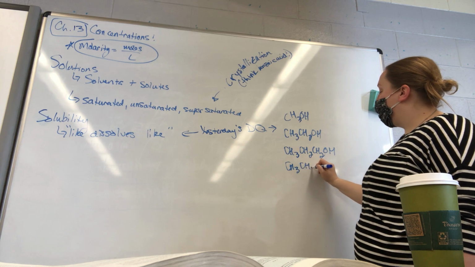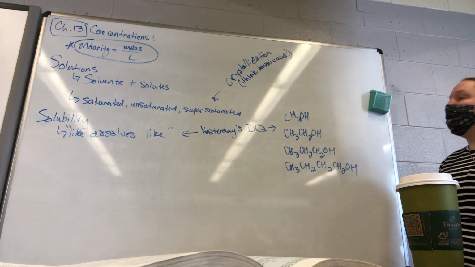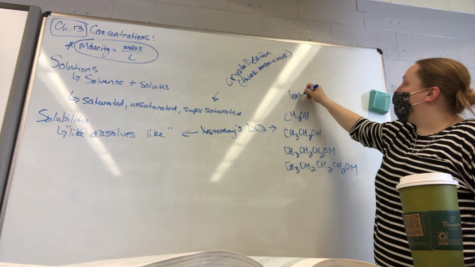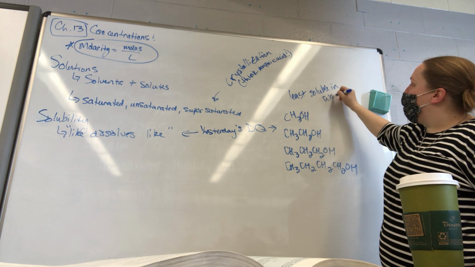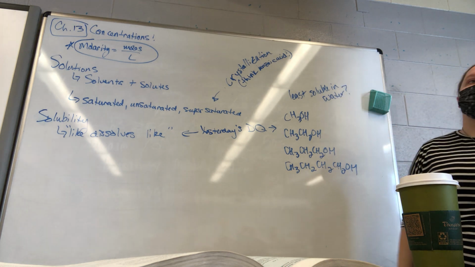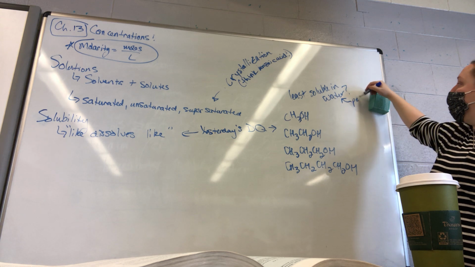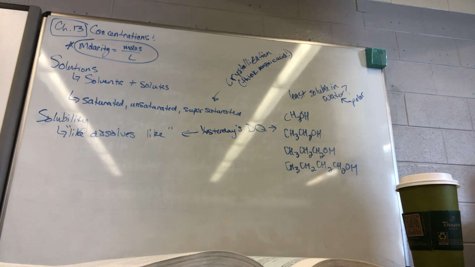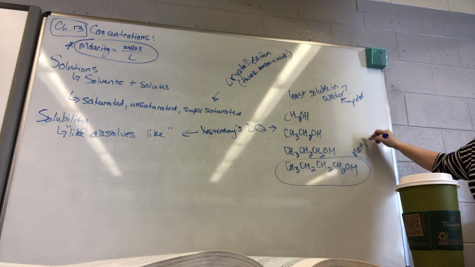And we were asked which of these is least soluble in water. Is water polar or nonpolar? Since this is polar and we're looking for least soluble, we're looking for the most nonpolar thing. Not the most polar thing. This would be the most nonpolar thing.